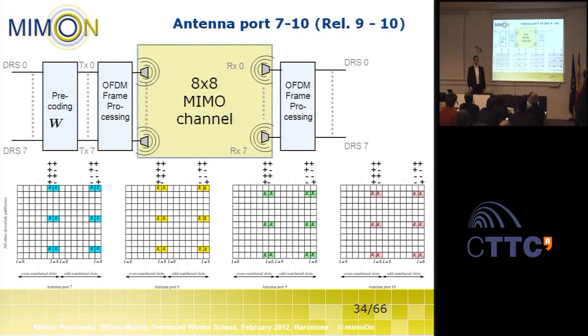Also, because if we look here, they use the same resources for different sequences. So actually you need to assume that the channel is approximately constant over the entire resource block, because it should not change over these 14 OFDM symbols.